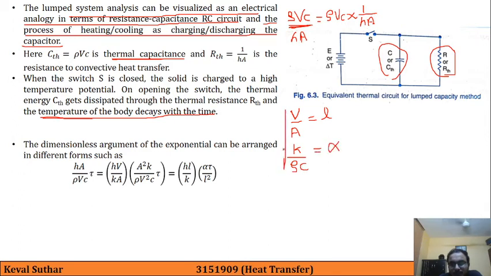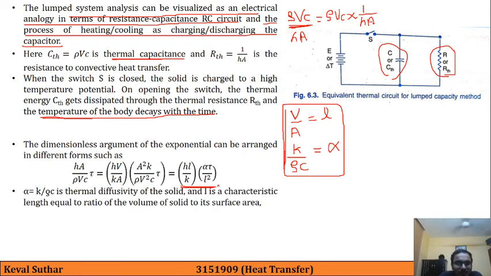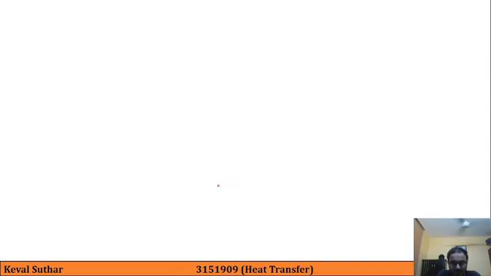If you remember these two equations and you multiply and divide with some quantities, then you will be able to get these values. Okay, and here alpha is equal to K by rho C, which is thermal diffusivity of the solid, and L is characteristic length, which is equal to the ratio of volume of solid to surface area.